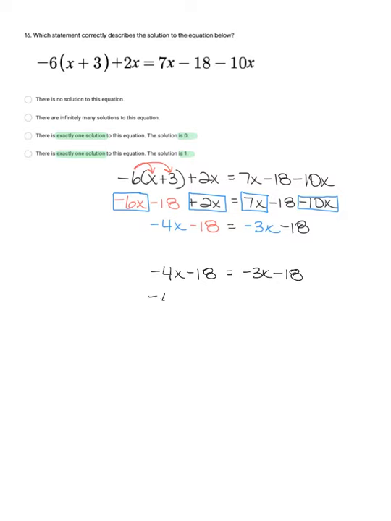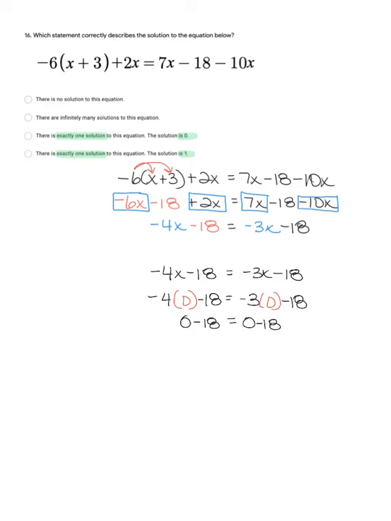So we have -4 times 0 minus 18 equals -3 times 0 minus 18. So we're left with 0 minus 18 equals 0 minus 18.